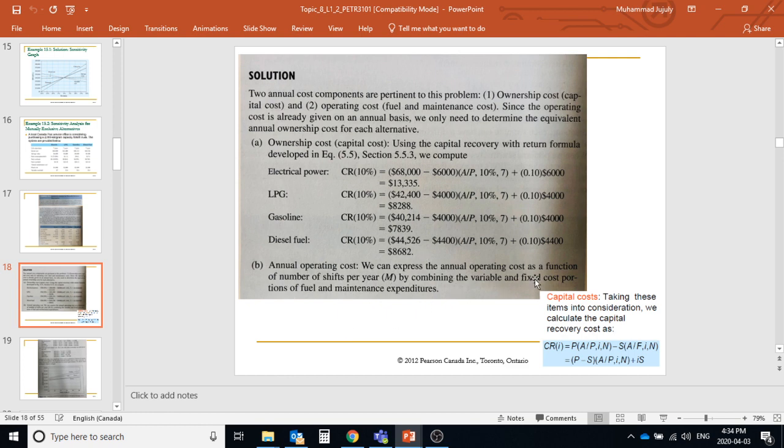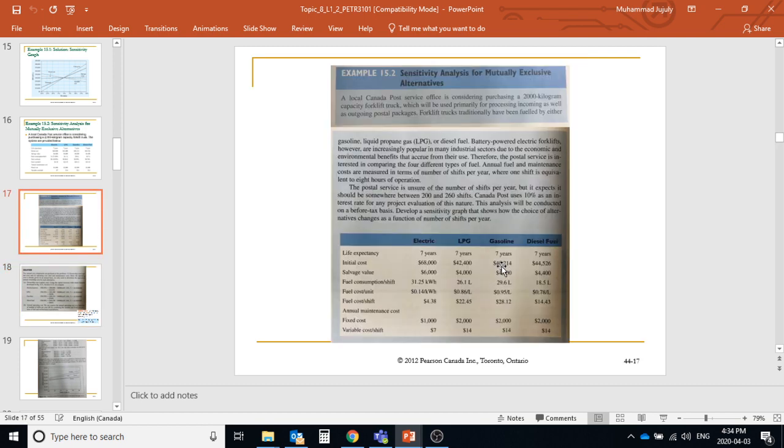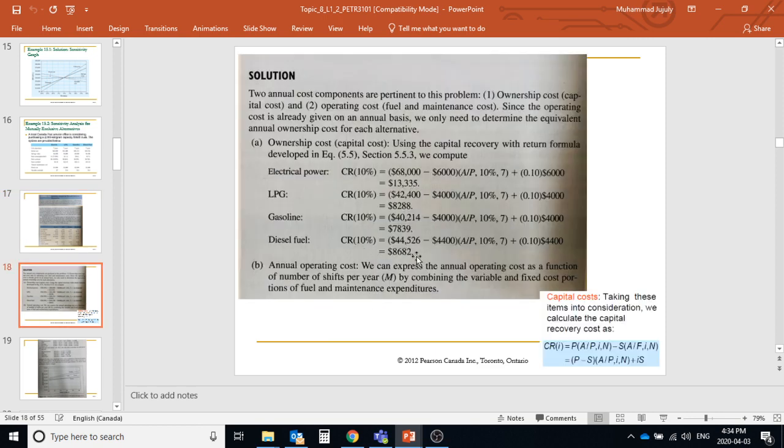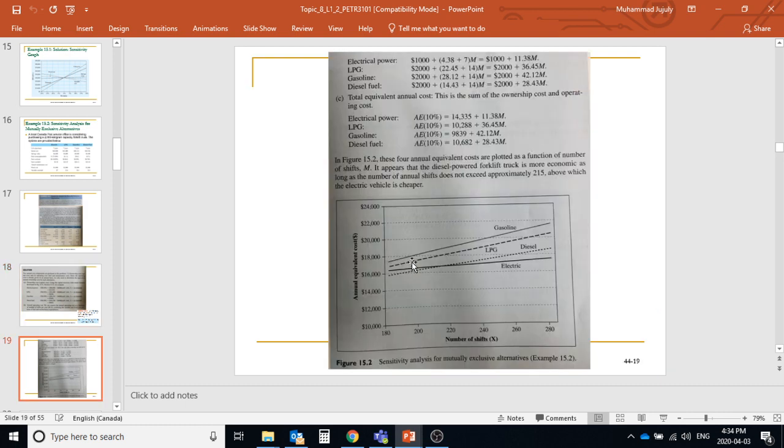Let's assume that the shifts are in between 200 and 260, so just assume the number is M per year. If it is M, then for the electric power, LPG, and gasoline, we have these equations for operating cost.